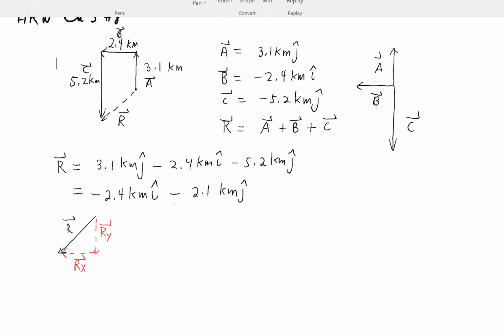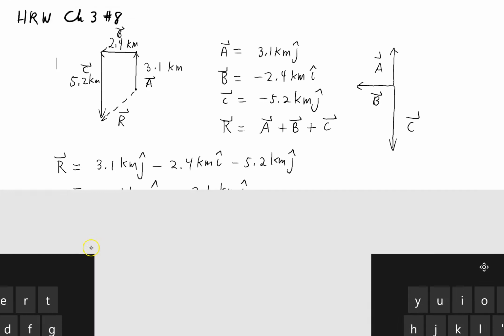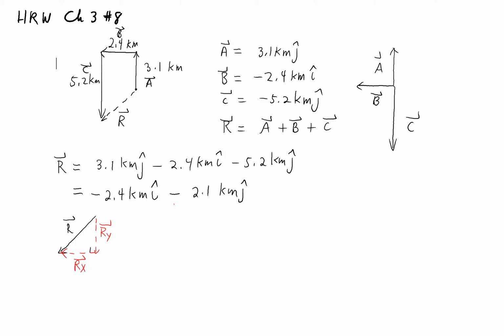Okay, then the question wants you to figure out the magnitude of R, so you can use the Pythagorean theorem. You see that this is a right angle. And so what you would say is that R squared equals RX squared plus RY squared, where RX and RY are magnitudes as well.